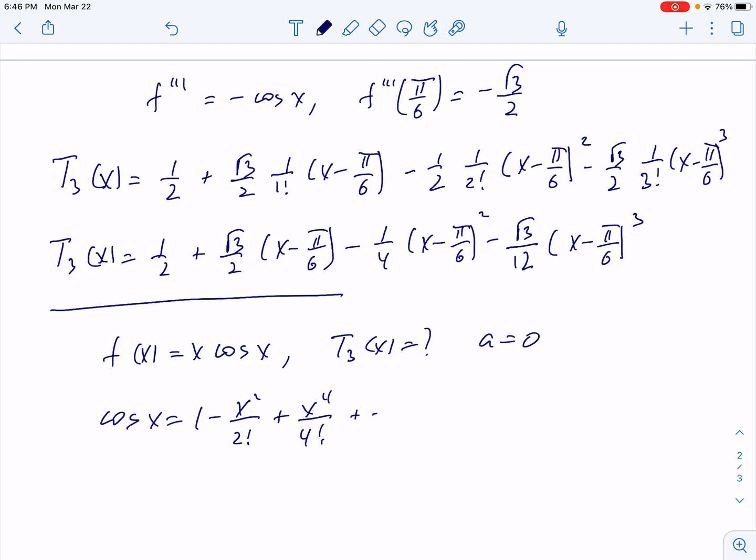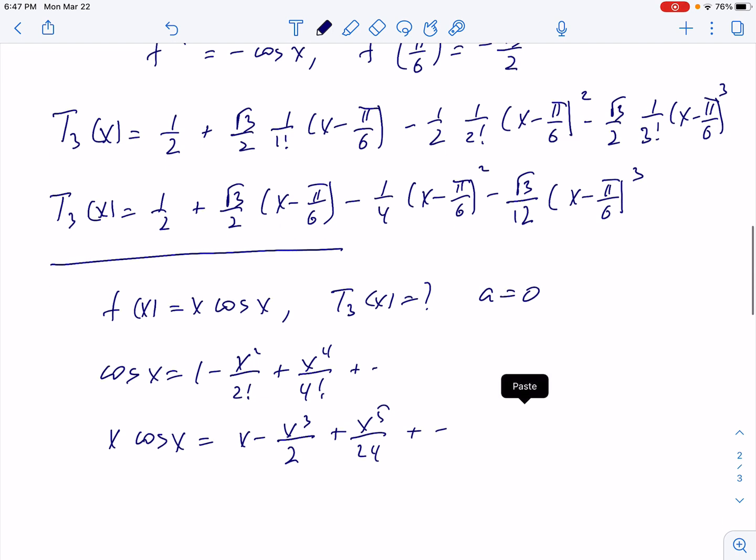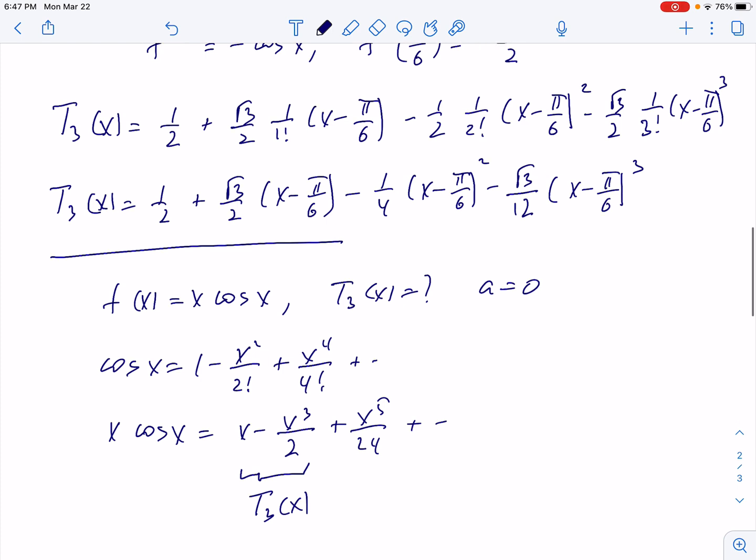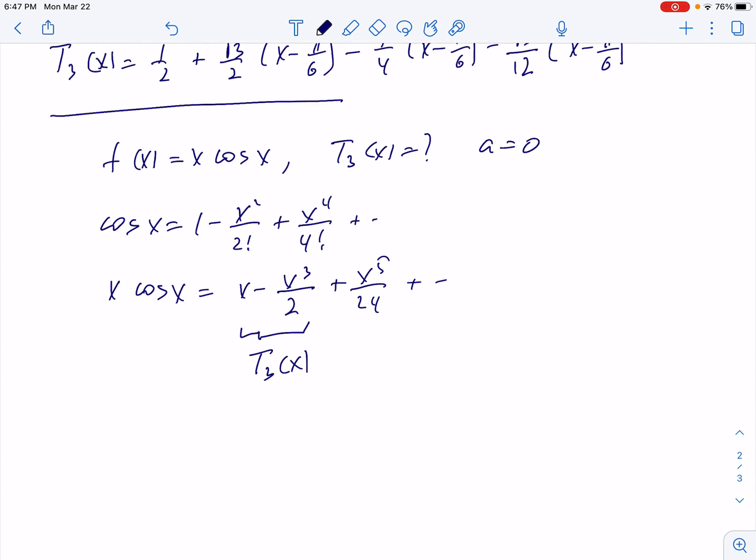Now if we multiply this by x, we get x cosine x equals x minus x cubed over 2 plus x to the fifth power over 4 factorial, which is 24, plus and so on. And because we want the third degree polynomial, it's just this part here. That's it. The third Taylor polynomial is this, up to power 3. And that's all we have to do.